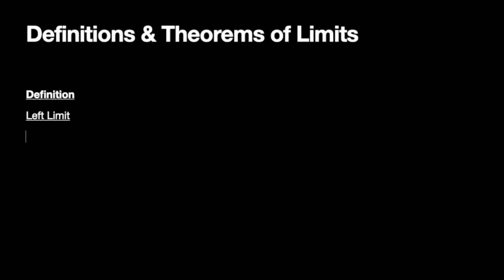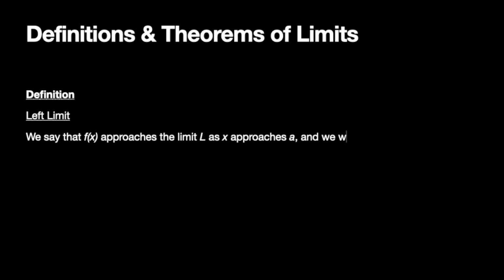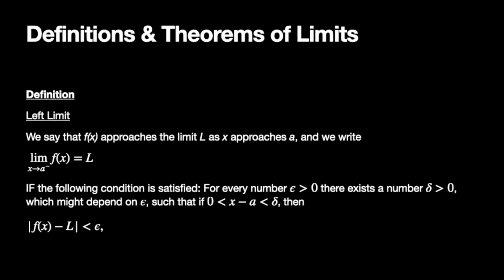Left limit. f of x has a left limit L at a, written the limit as x approaches a from the left of f of x equals L, if the same conditions of the right limit are satisfied.